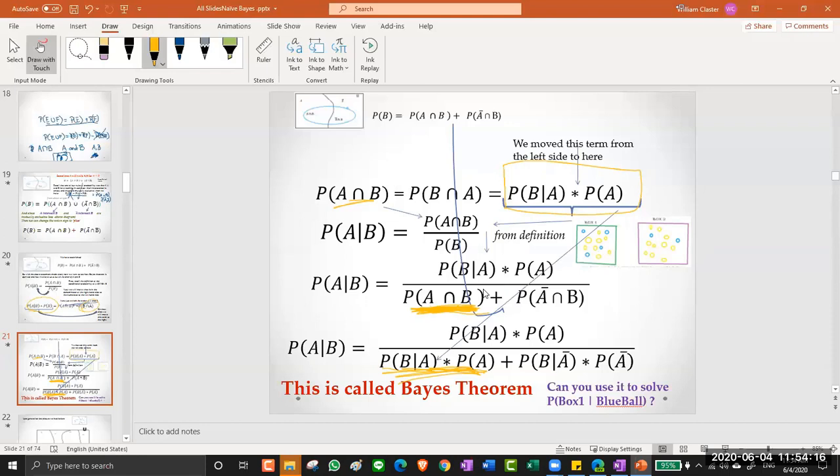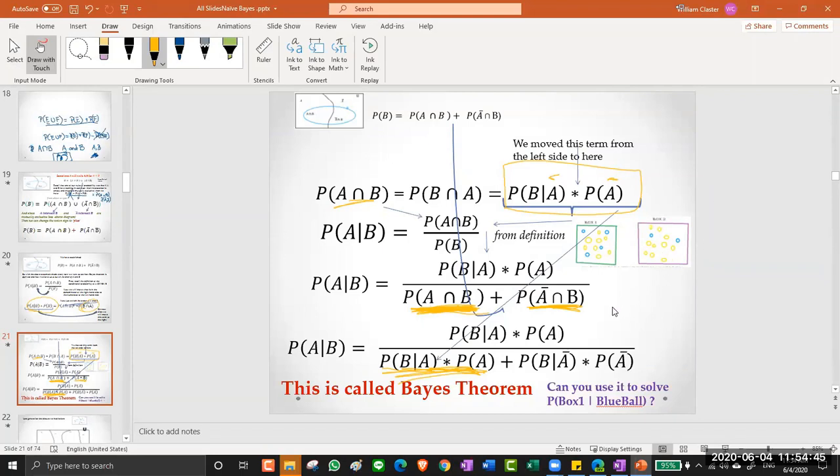Oh, yes, sir. So we can put that down here. And then this one, we can also rewrite. Instead of having A intersect B, we can say A bar intersect B, and then we have to say A bar here and A bar here, and we get this. Okay? Everyone see that? Yes. And that is called Bayes' theorem.